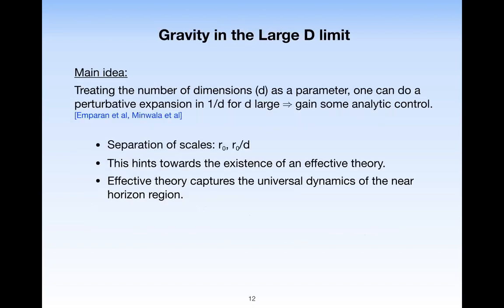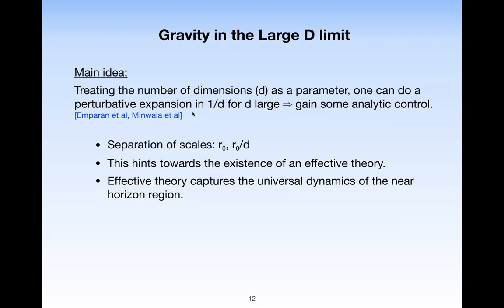Okay. So the large D limit became quite popular in the last 5 or 6 years, I think, mainly due to the efforts of Roberto Emparan, who I think is listening, and his collaborators, and also Shiraz Minwala and his collaborators.